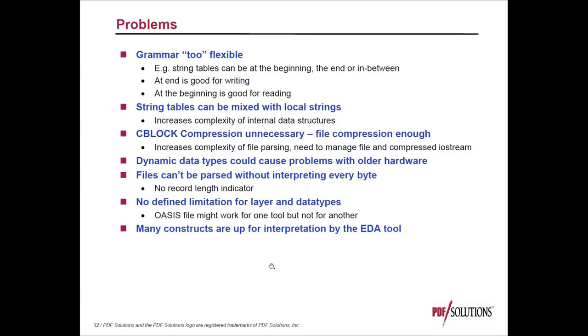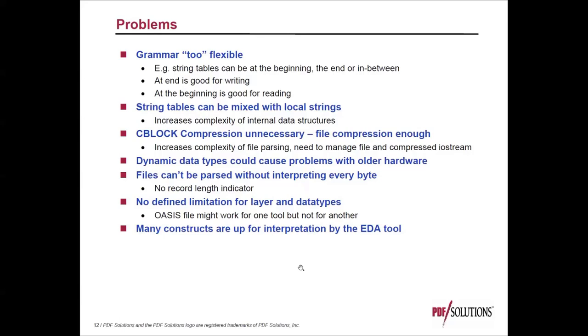The files can't really be parsed without interpreting every single byte. That was the way I started, essentially writing an empty parser, which does nothing else than go over every byte of the file, just to make sure it can read the file without any error. Without looking at every single byte, you don't have a chance of parsing this file.